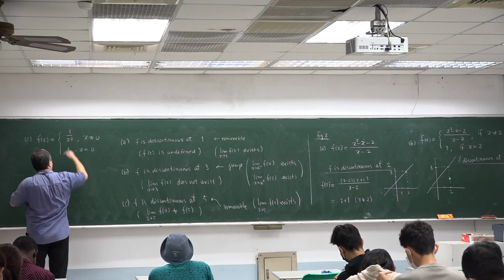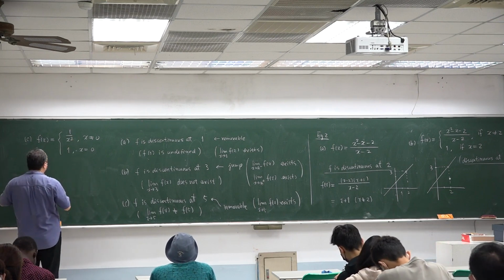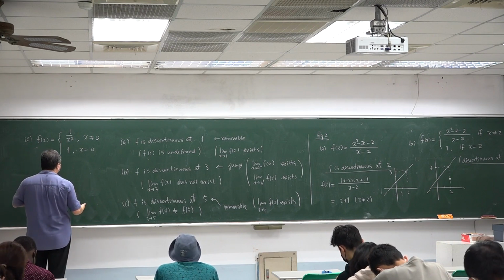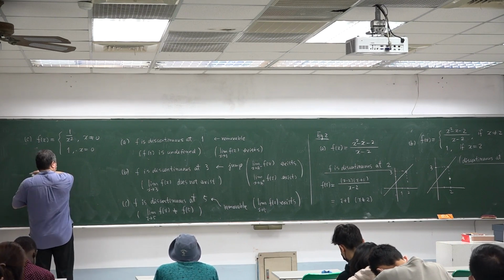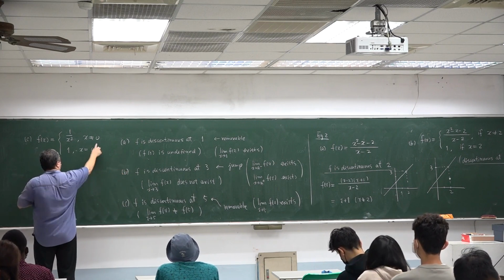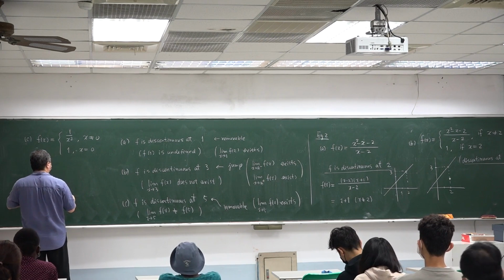So this is a rational function. It is continuous on its domain, namely the entire real number line except at 0, at the origin.